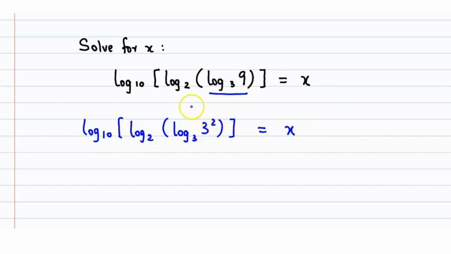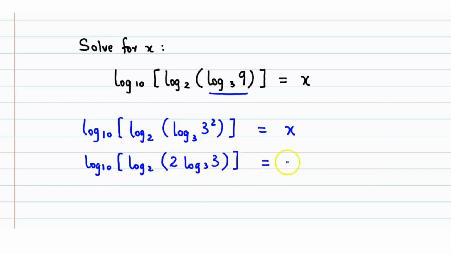Now we transfer this 2 ahead of the log term using the law of logarithm. So we have log to the base 10 of log to the base 2 of 2 times log 3 to the base 3 is equal to x.